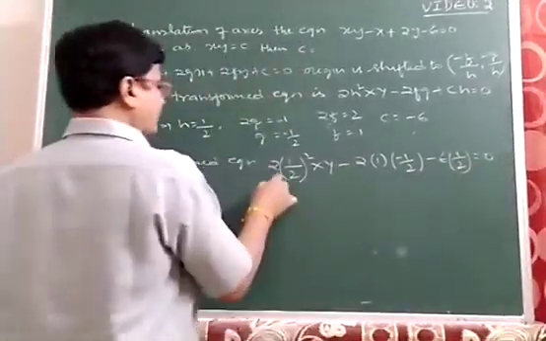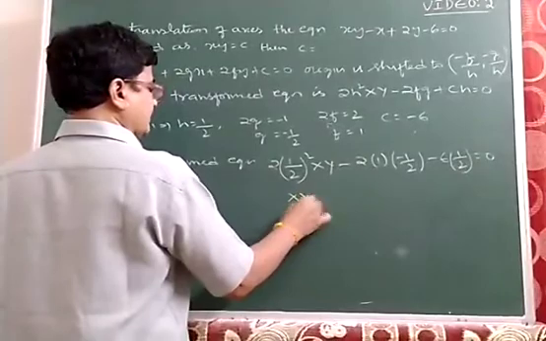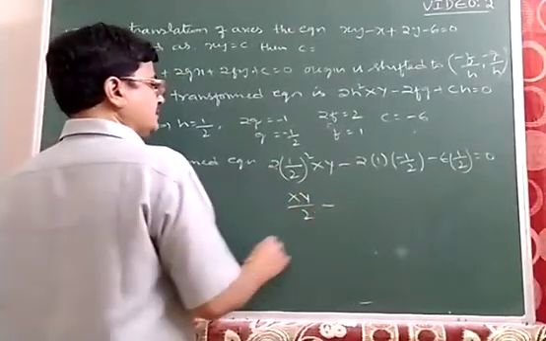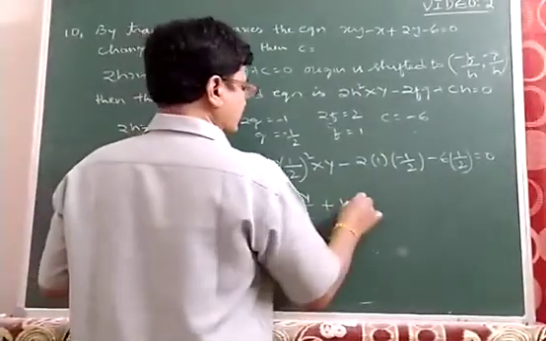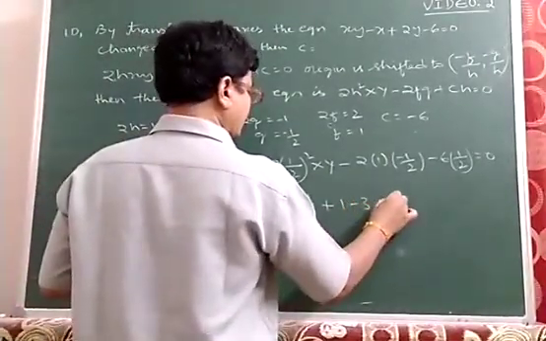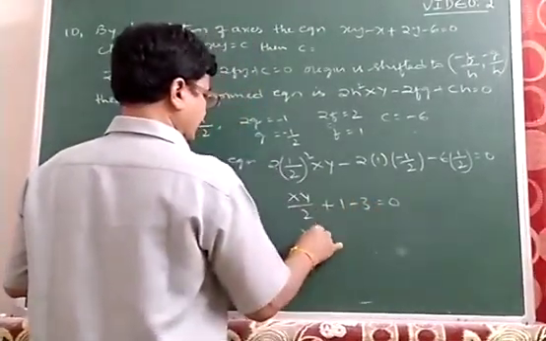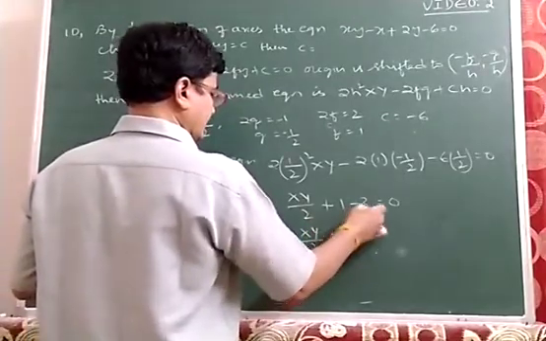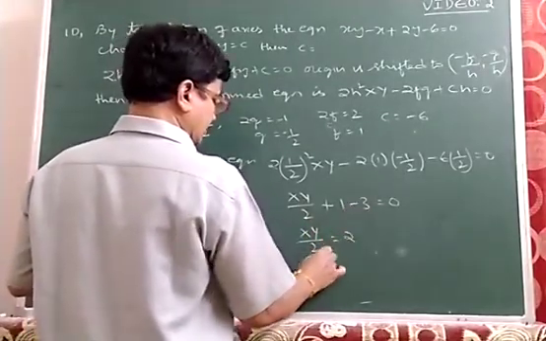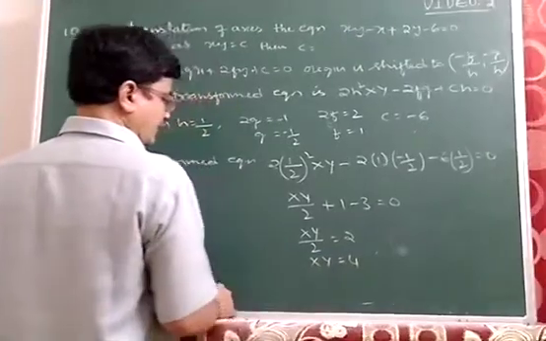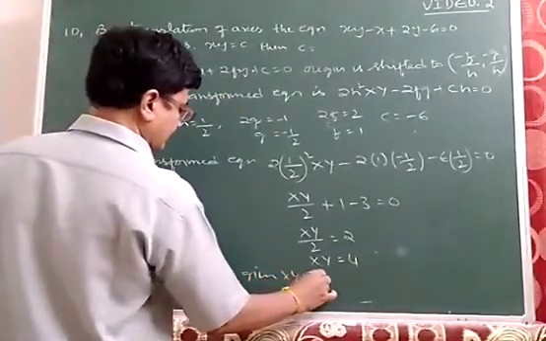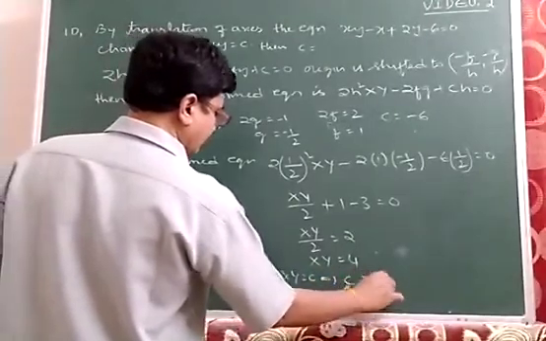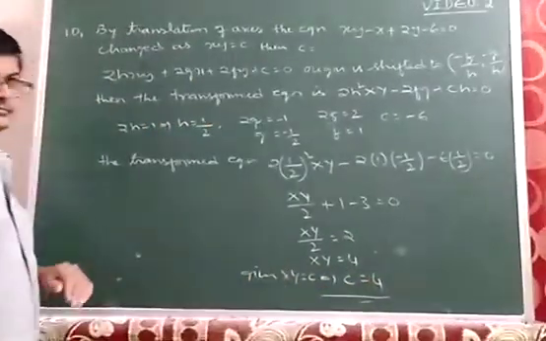This is the transformed equation. So that is xy by 2 plus 1 minus 3 is equal to 0. So xy by 2 is equal to 2. xy is equal to 4. Given equation is xy is equal to c. So that implies c is equal to 4.